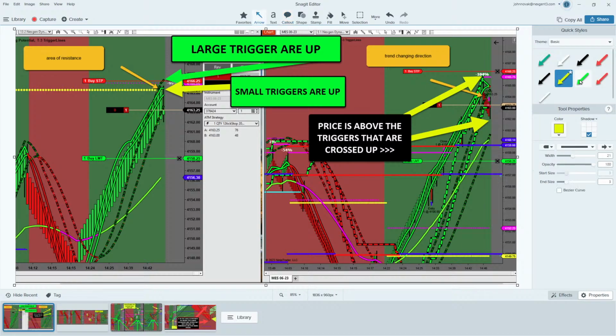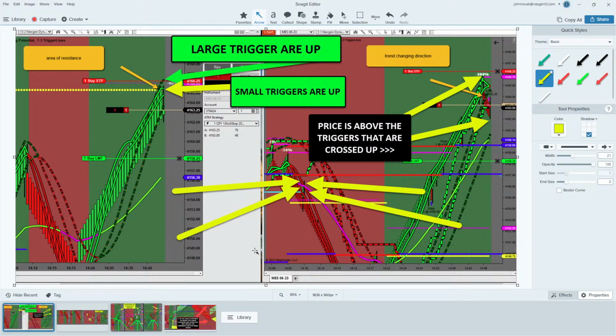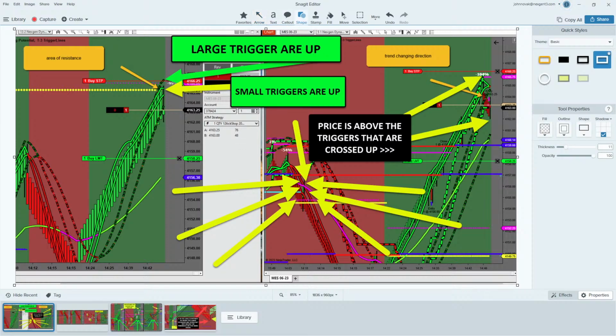Now, this would be the type of look right here. You see where I'm pointing with the yellow arrows? This is where the small chart finally says over here that we're going down. And you can make a really good case for going short right there. So the trick is to wait for this look right here to happen over here.